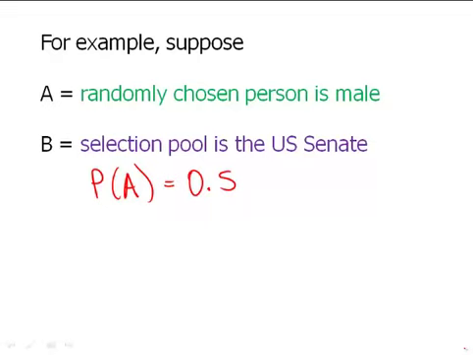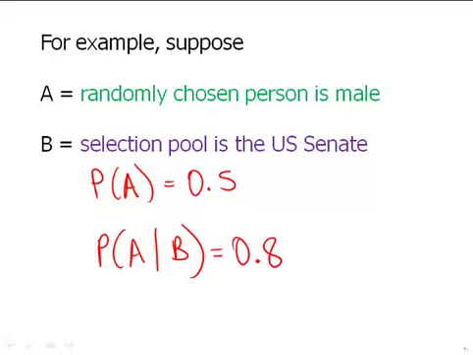But things really change if we figure out the conditional probability. Given the condition that the person I'm picking is from the Senate, what is the probability that I randomly pick a male? In the current United States Senate, as it happens, there are 80 men and 20 women. And so the probability of picking a male is 0.8.